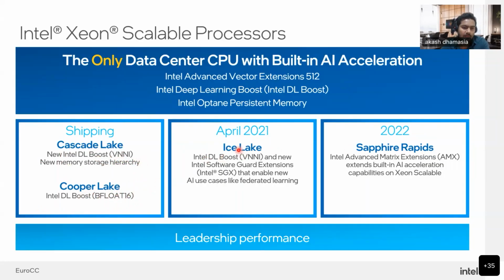And then we also have Ice Lake, which is a third generation architecture. It also uses VNNI and also uses Intel SGX, Software Guard Extensions, that can make your federated learning applications faster. And we are also going to release, maybe next year, Sapphire Rapids, which is the fourth generation Xeon architecture.